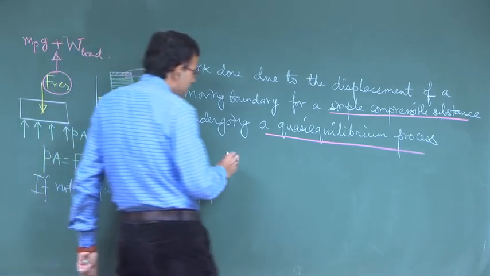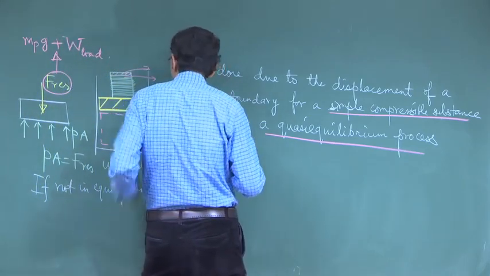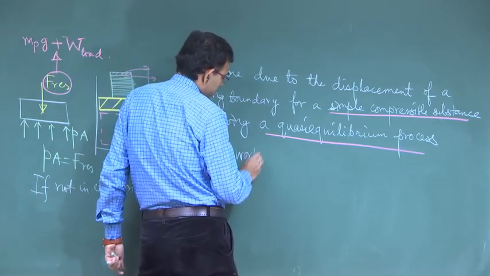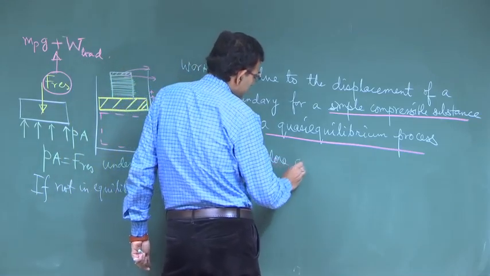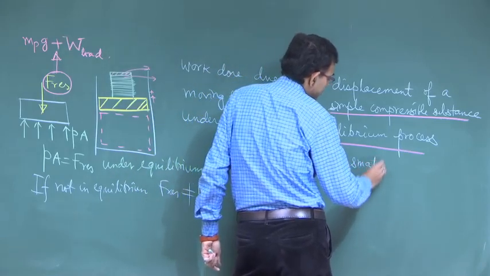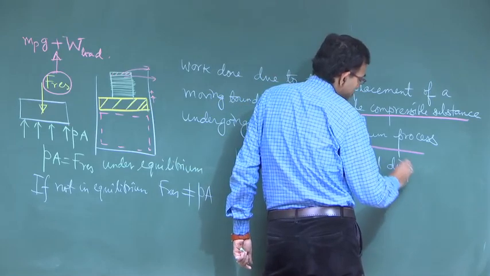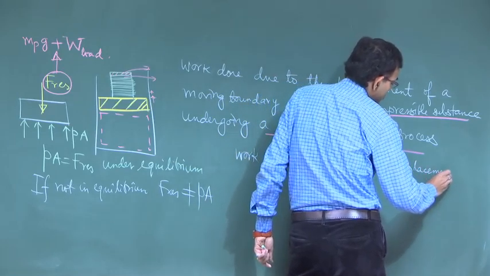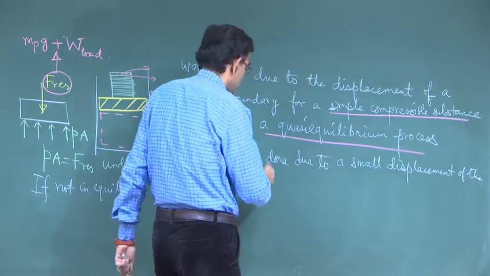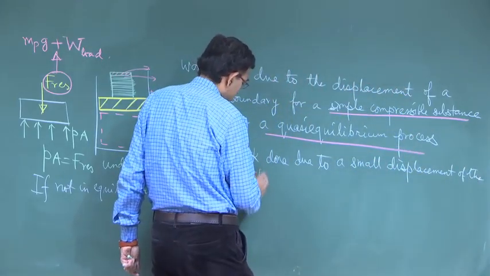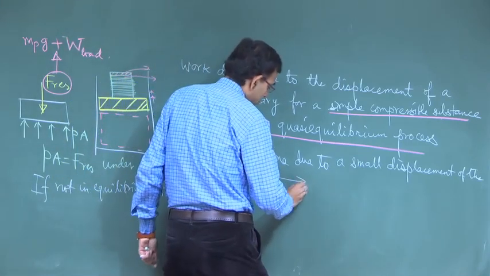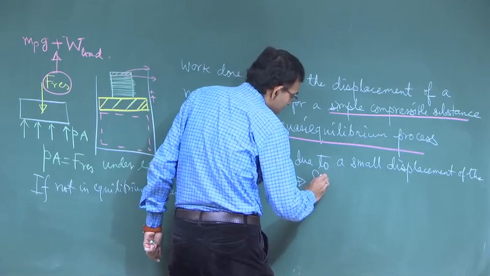So, what is the work done due to a small displacement of the piston? We write this as delta W.